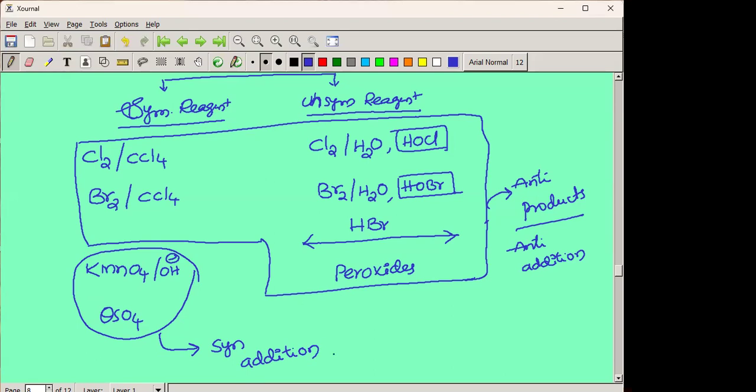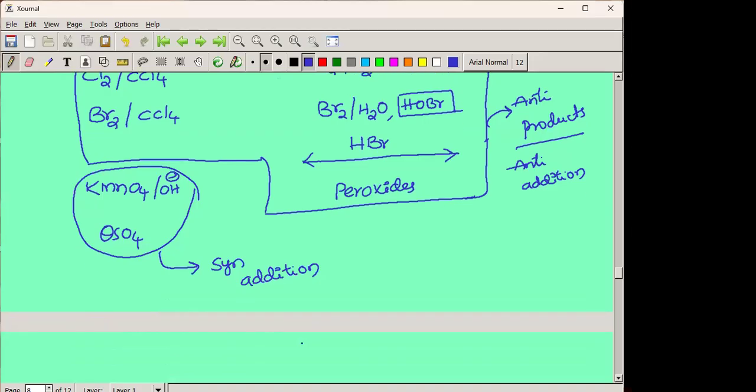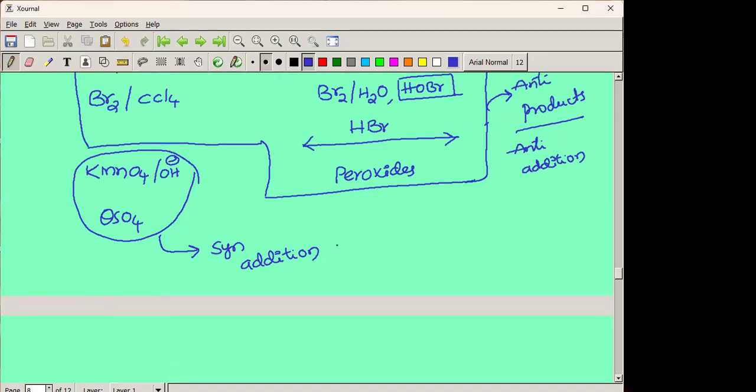Syn addition is nothing but the reagent being added in the same direction, on the same side of the double bond. Same side of the double bond, that is considered as syn addition.